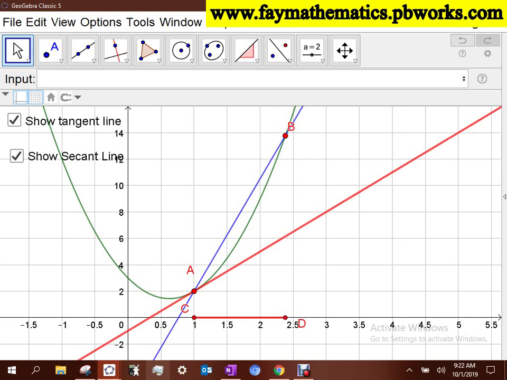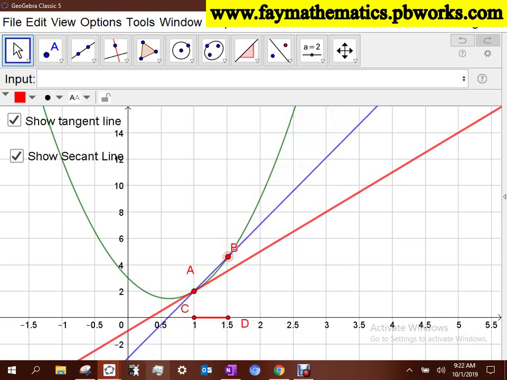Okay, so here's how we do this. How can I make that blue line be more like the red one? Do I take this point here and slide it closer to A? Okay. So now remember, to find the slope of that blue line, I'm taking the y values of A and B, subtracting them, dividing by the difference of the x values of A and B, right?